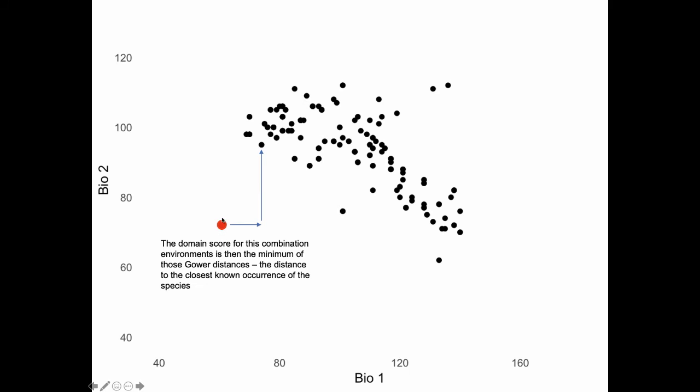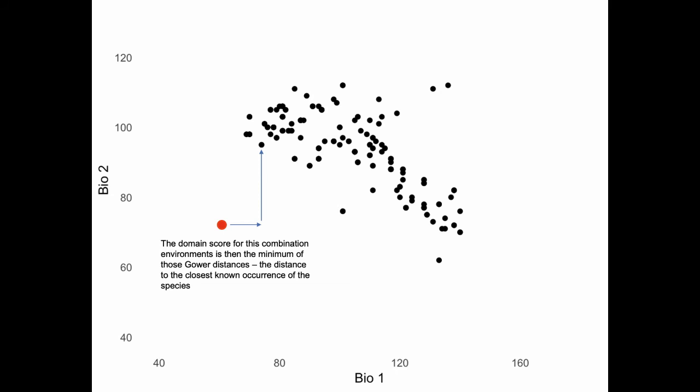Basically, the closer this is to the closest point where we've actually observed our species, the higher suitability we think this is, right? This is basically just a way of saying everything that our species likes being the places we've seen it before, and the further you get from the nearest place we've seen it before, the less suitable we think it is.